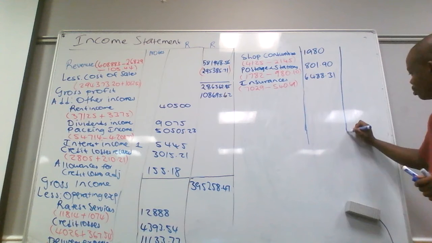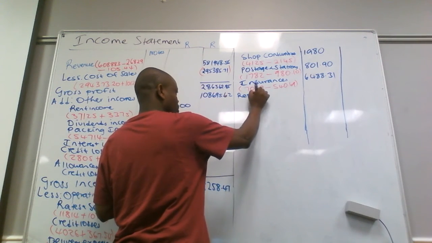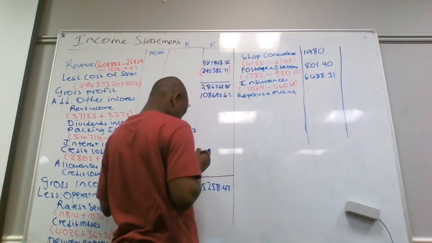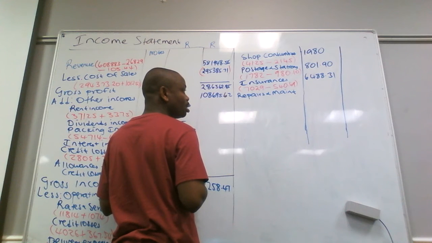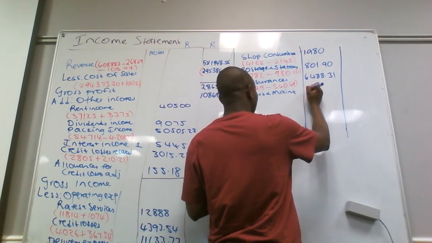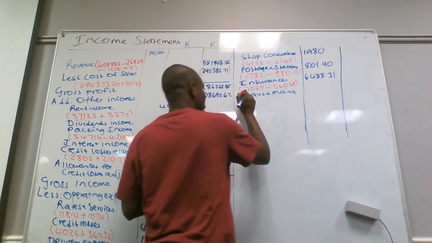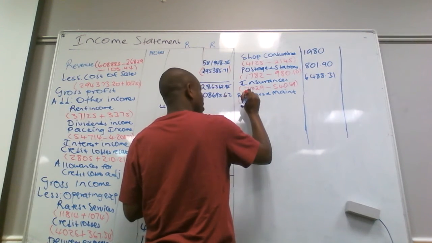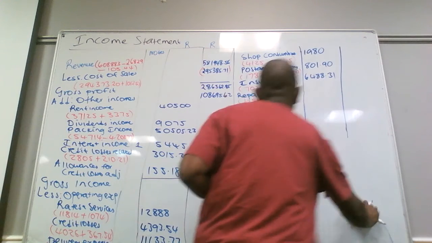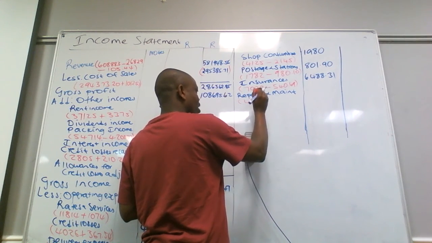Repair and maintenance. Repairs. Any adjustment? Number 9. Invoice for 1285.52, plumbing services. We've got an adjustment. The balance is 4455.